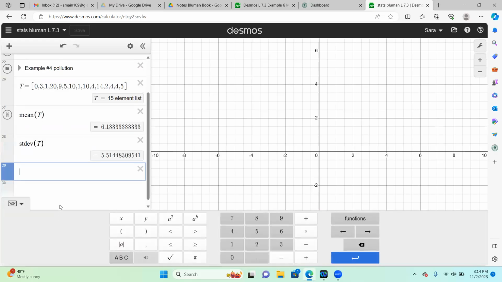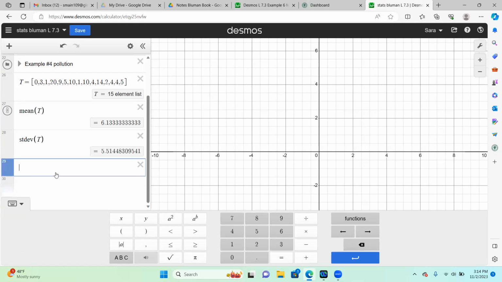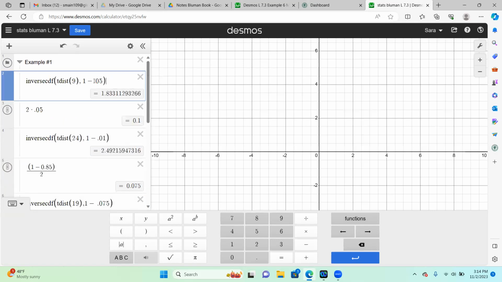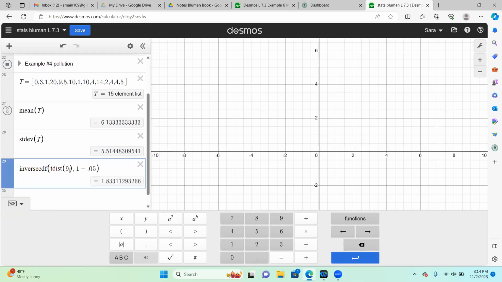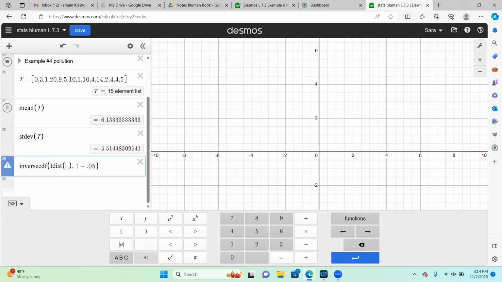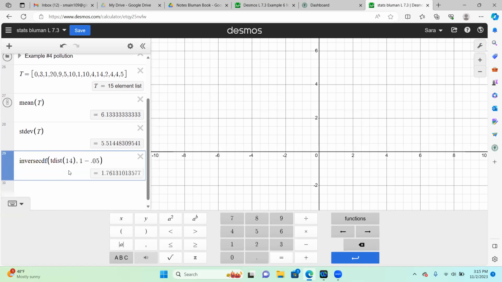Okay. And so our margin of error is going to be the critical T. To go back up and copy that again. And our degrees of freedom, we said, was 14. And our alpha is 0.02. And that means our alpha divided by 2 is 0.01.